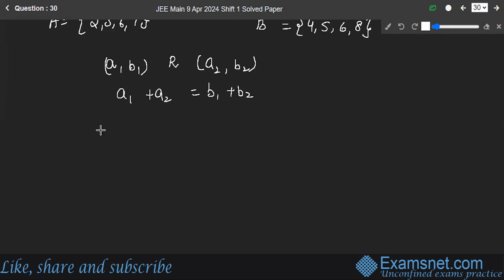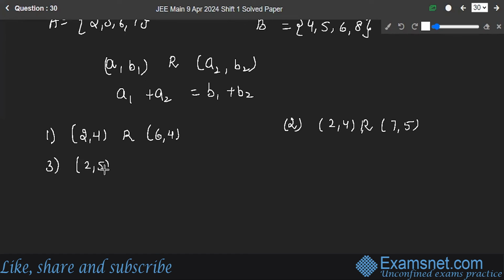So, let's see. The first possibility, if I take this as (2, 4), this is in relation with (6, 4), and second (2, 4) relation (7, 5), (2, 5) relation (7, 4), and (3, 4) relation (6, 5). You will check like A1 plus A2 is equal to B1 plus B2 in all of them.